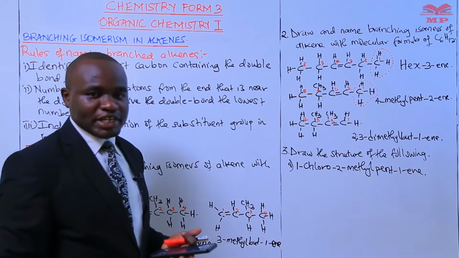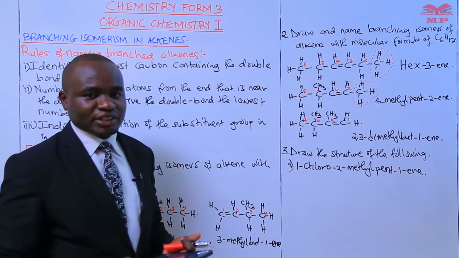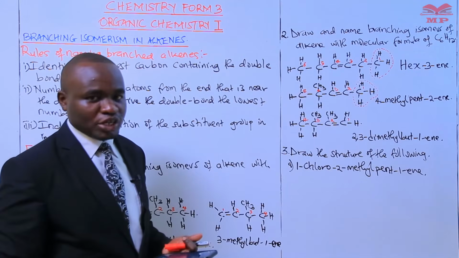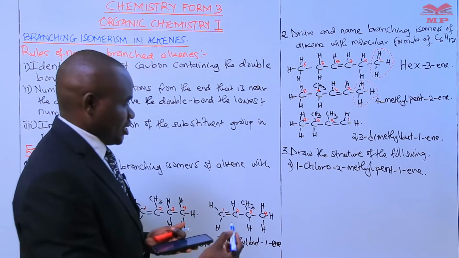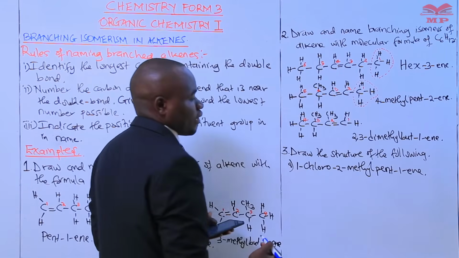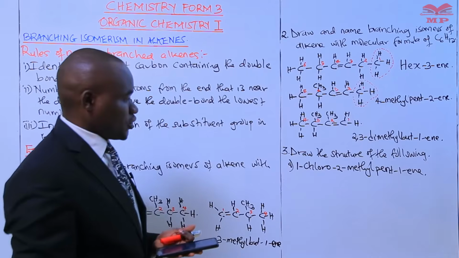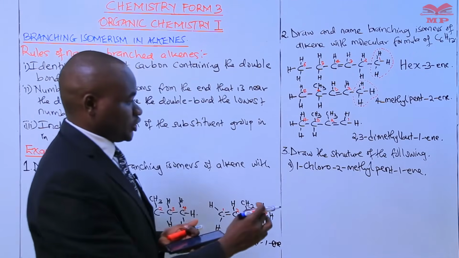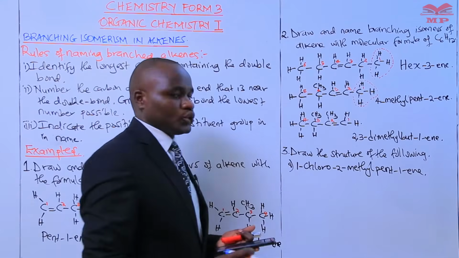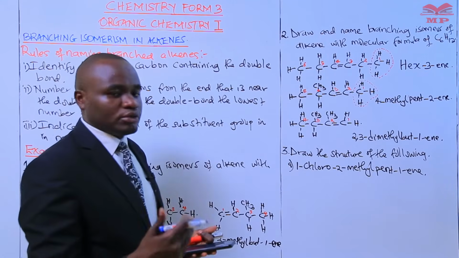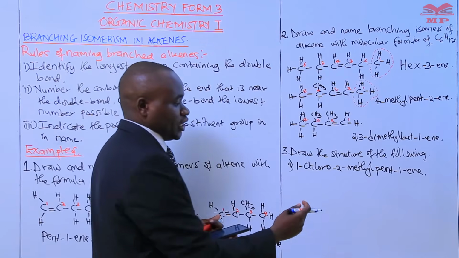If you look at that name, this is another example of a branched alkene. We have two branches, or two substituent groups: a chloro and a methyl. The chloro is attached on carbon 1 and the methyl is attached on carbon 2. So how will the structure look? Before you draw the structure, you identify the parent.